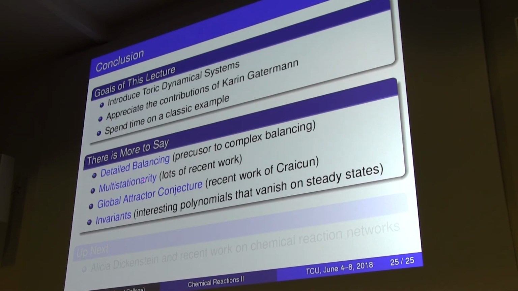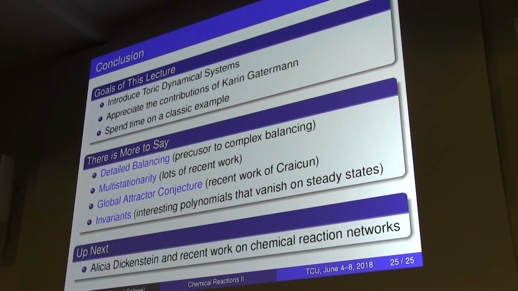I haven't really said a heck of a lot about multi-stationarity. There's tons of work, and all this about what's really going on with this global attractor conjecture. And also, sometimes you can try to get information about steady states by certain invariants that vanish on them. So there's a lot more to go on, and we'll learn some of that from Alicia after lunch. So thank you.